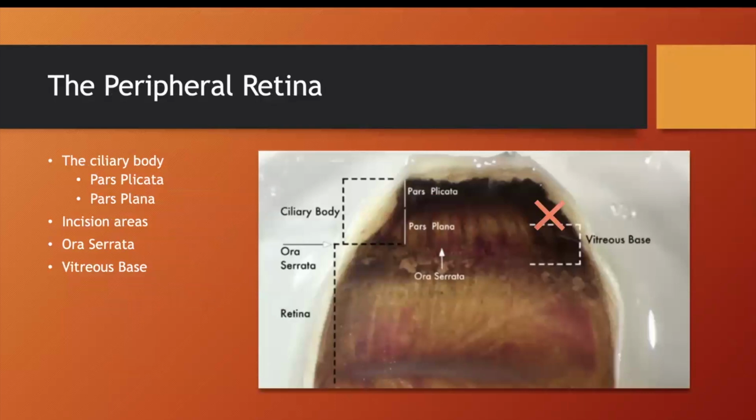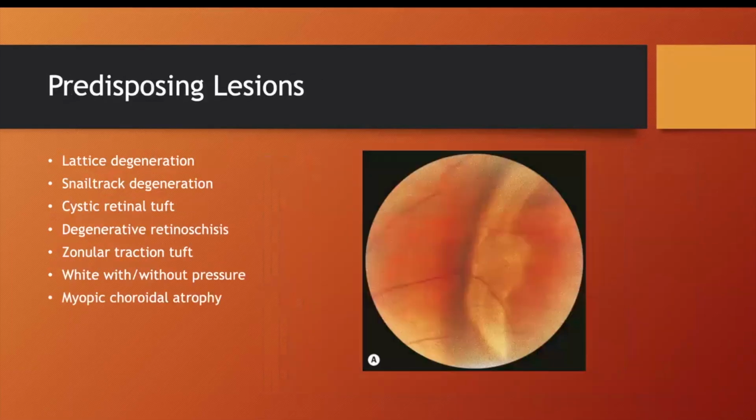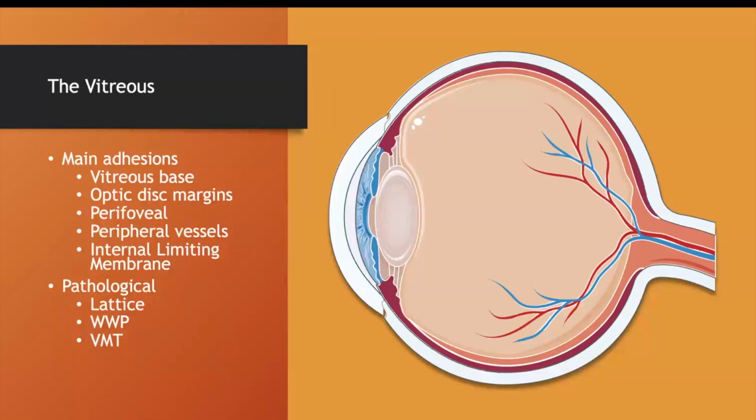It straddles the distal part of your pars plana and the very proximal part of your retina. Your vitreous does not come away from the vitreous base. It just doesn't. Even when you're doing a pars plana vitrectomy, you trim your vitreous as close as possible to that area, but the vitreous base does not come away. This is why pre-existing breaks within the vitreous base are sometimes completely harmless and don't progress, because the vitreous doesn't come away from on top of them.